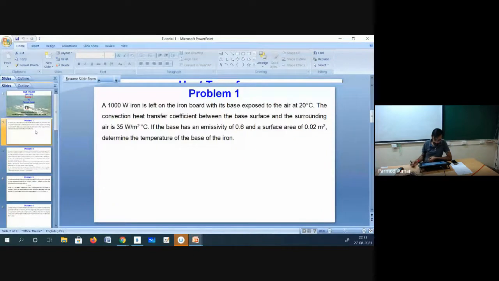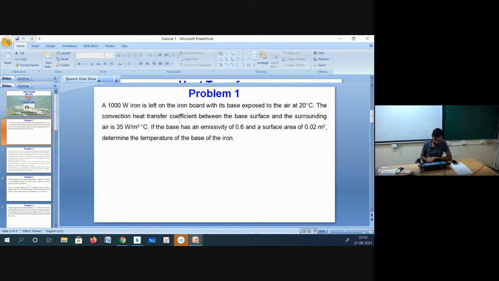Okay. So this is the first problem. I hope this is visible to you all on your screens. In this first problem, we have a 1000-watt iron left on the iron board, with its base exposed to the air at 20 degrees Celsius.